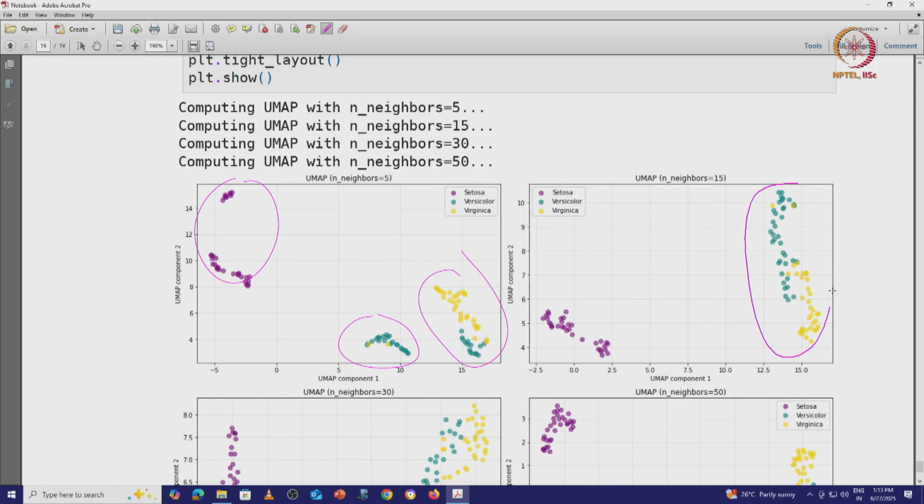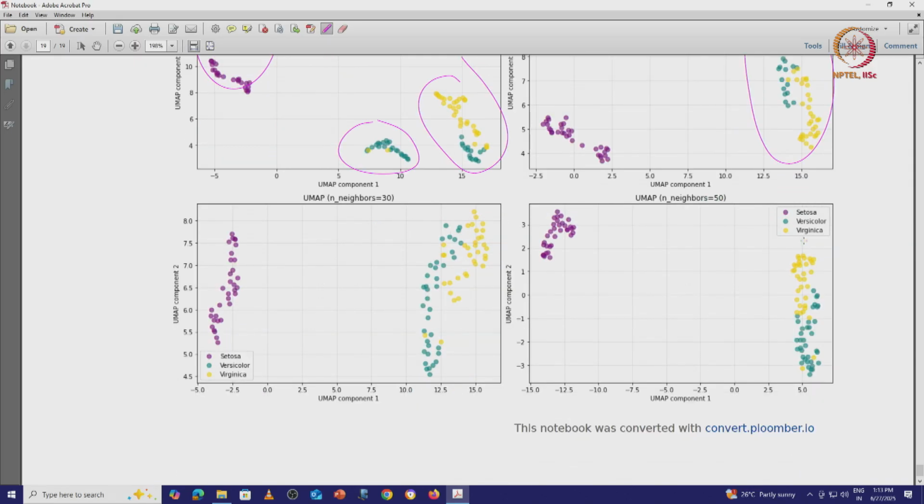Again, we are not really able to make out the difference between versicolor and virginica here, and then when you make it 30, again you see that it's not really a problem with the dimensionality reduction technique, but more the features that were originally there. If your original features are not good enough, then it's not going to make much difference even if you do dimensionality reduction and so on.